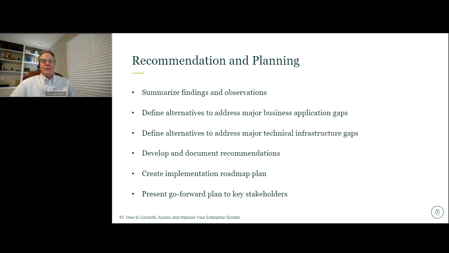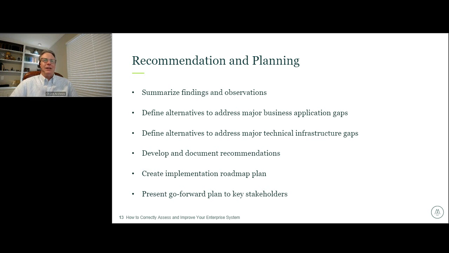We're going to define the same thing for technical difficulties, in terms of maybe we've got a situation where we've got a performance issue or an application that won't distribute, as we mentioned when we were talking about the impact of COVID on companies and the fact that you had to distribute to even do approval processes. So I would definitely pin that down as a major technical infrastructure gap.